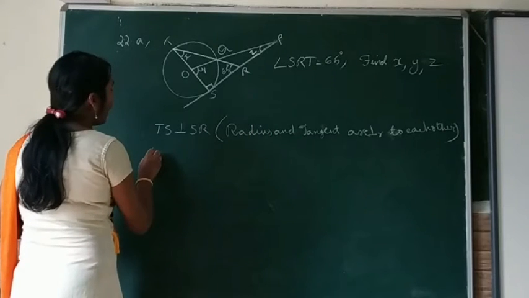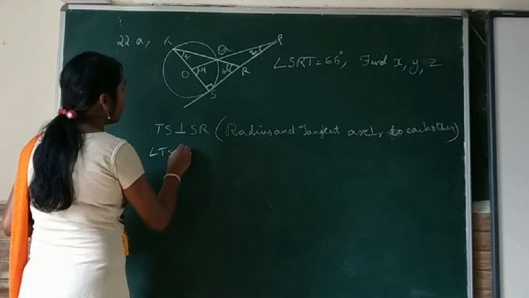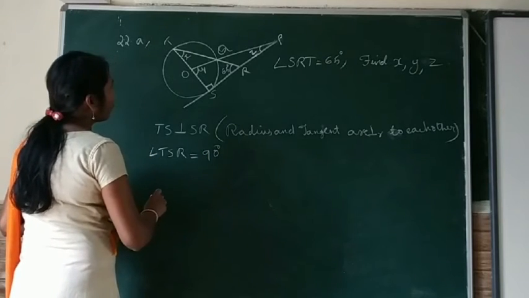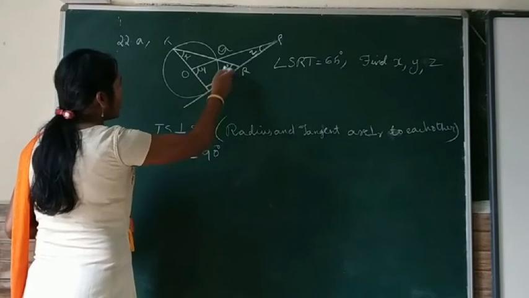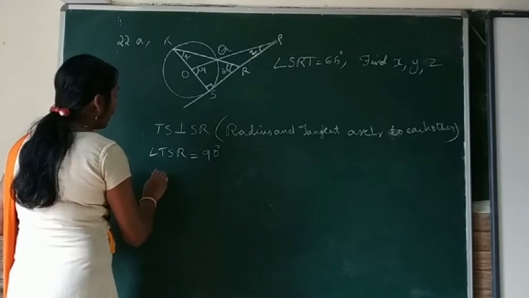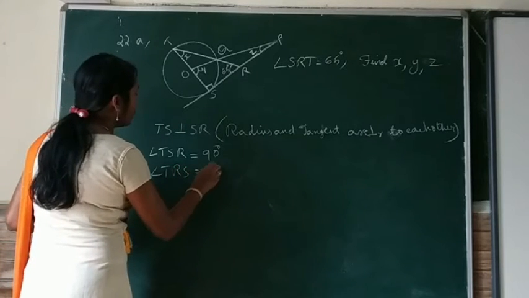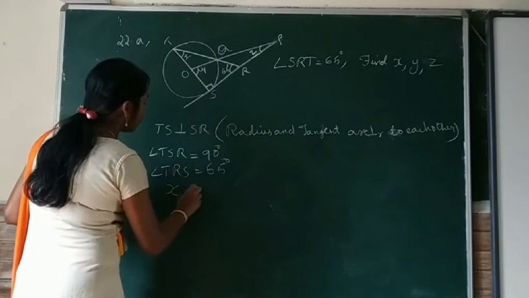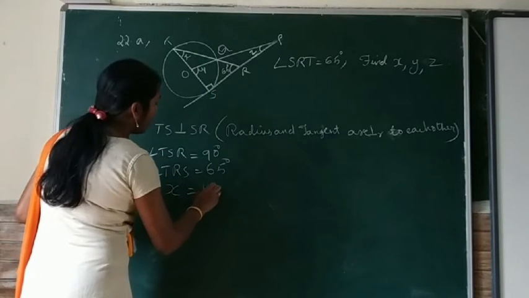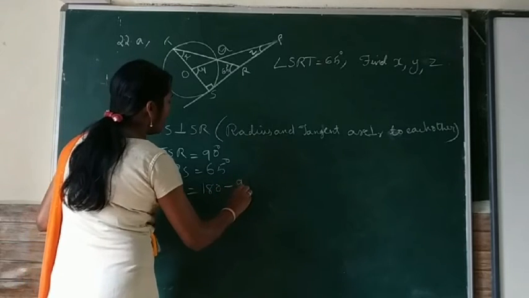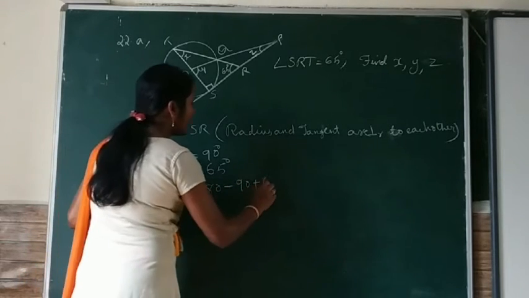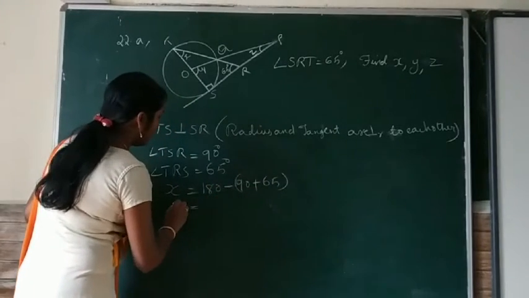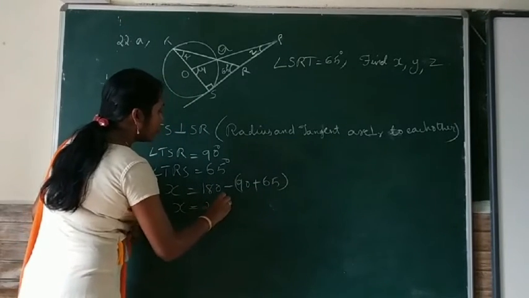Therefore, angle TSR is equal to 90 degrees and it is given angle TRS is 65 degrees. Angle STR, X, is equal to 180 minus (90 plus 65). By solving this we get X is equal to 25 degrees.